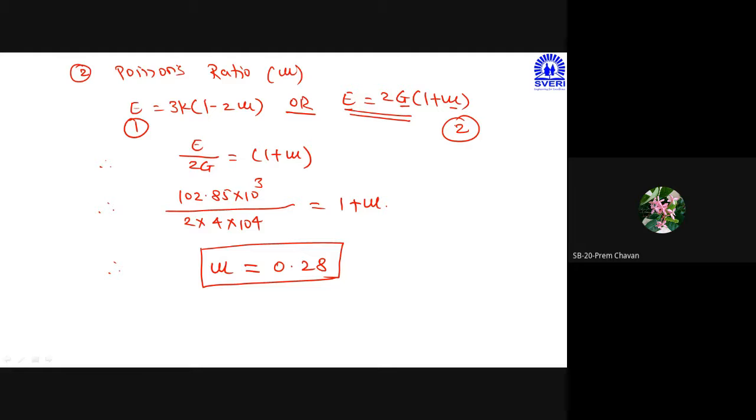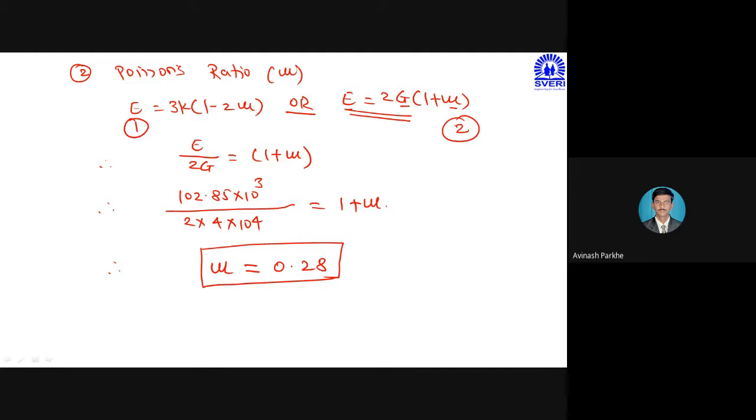Yes, sir, 0.28. You can calculate by the equation with E and K, or by the equation with E and G. Both relations give the same answer, 0.28. The other digits, the third or fourth, may be different, but the previous two digits will be the same, that is 0.28.